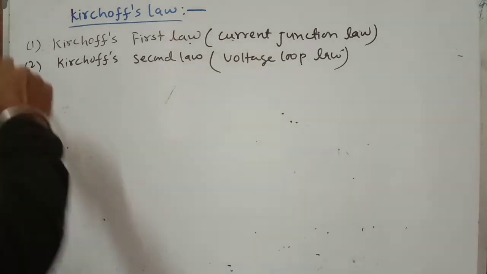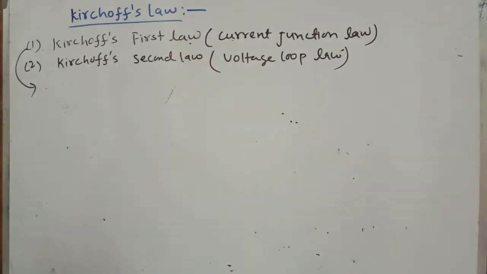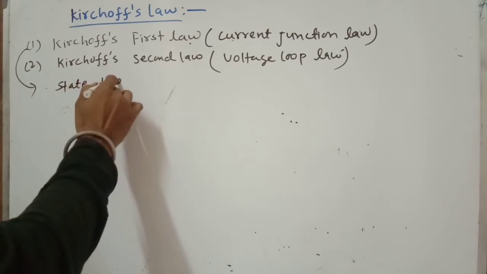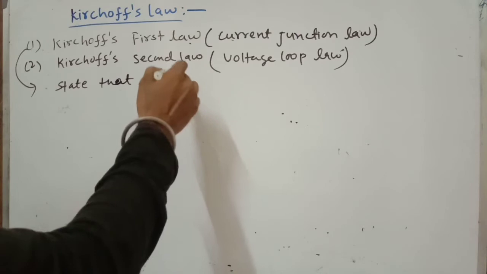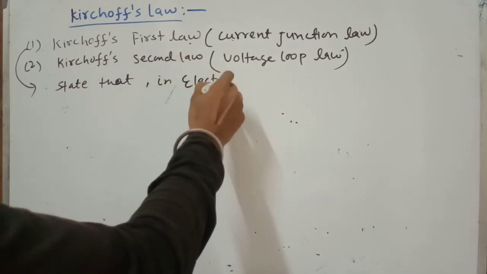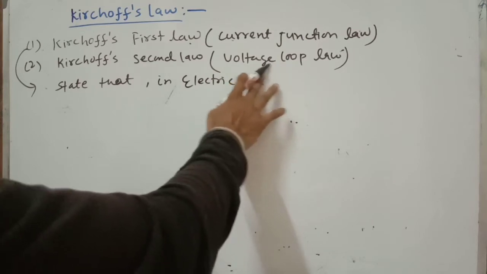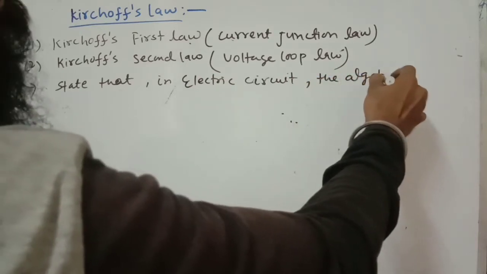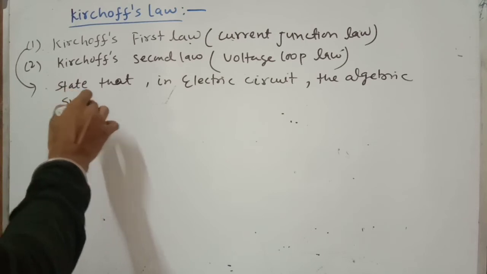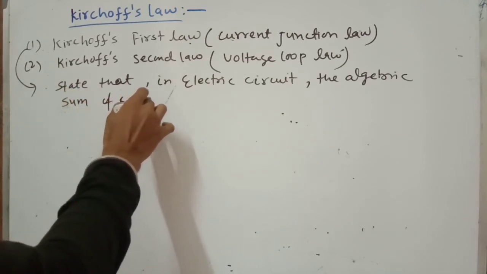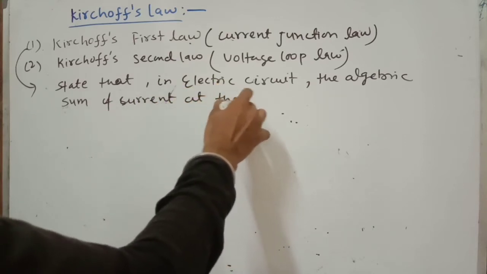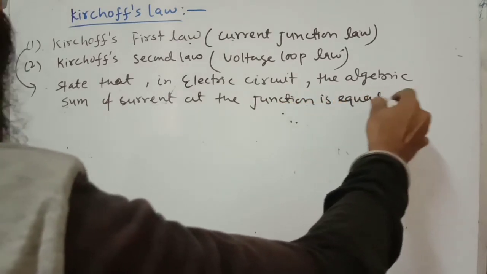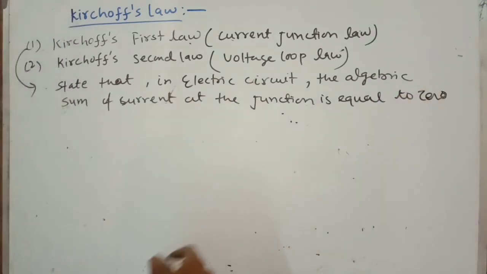How can you define it? First, write: the current junction law states that in an electric circuit, the algebraic sum of currents at the junction is equal to 0.